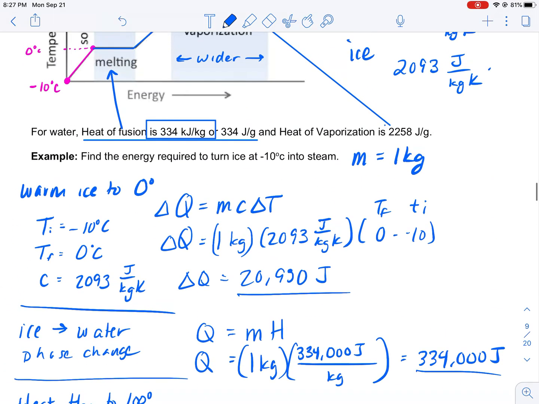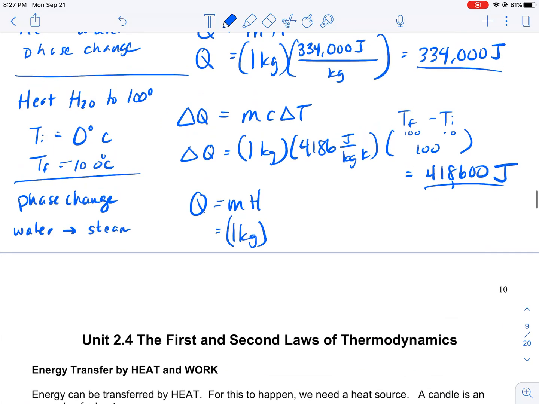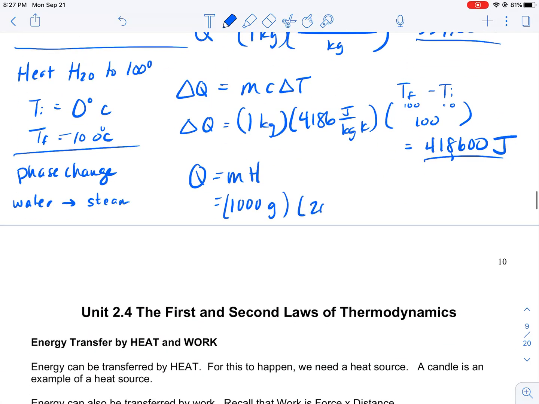M is still 1 kilogram, but now I need the latent heat of vaporization, and that's 2,258 joules per gram. I should have given it to you in kilograms, but I also could do this. 1 kilogram is 1,000 grams, and I can multiply that by 2,258 joules per gram, and when I multiply that out, I get 2,258,000 joules.